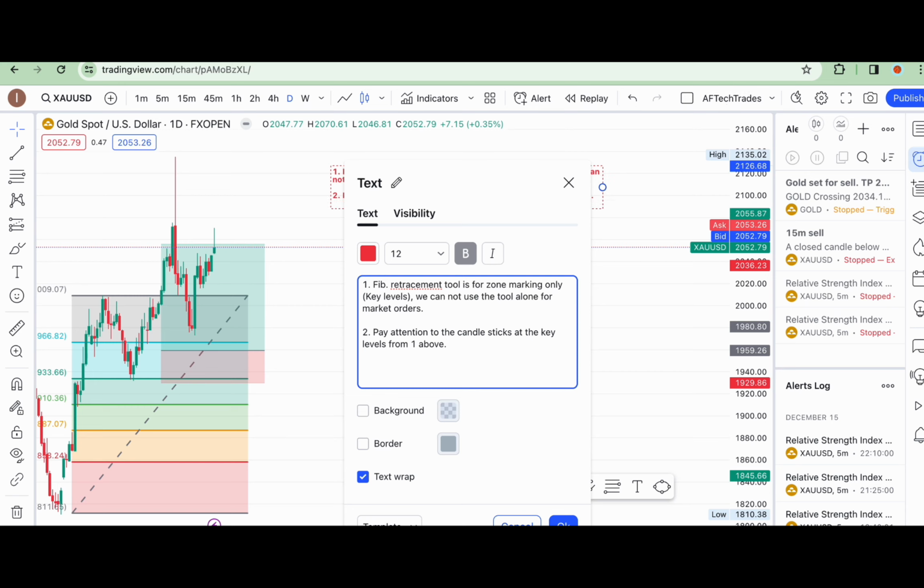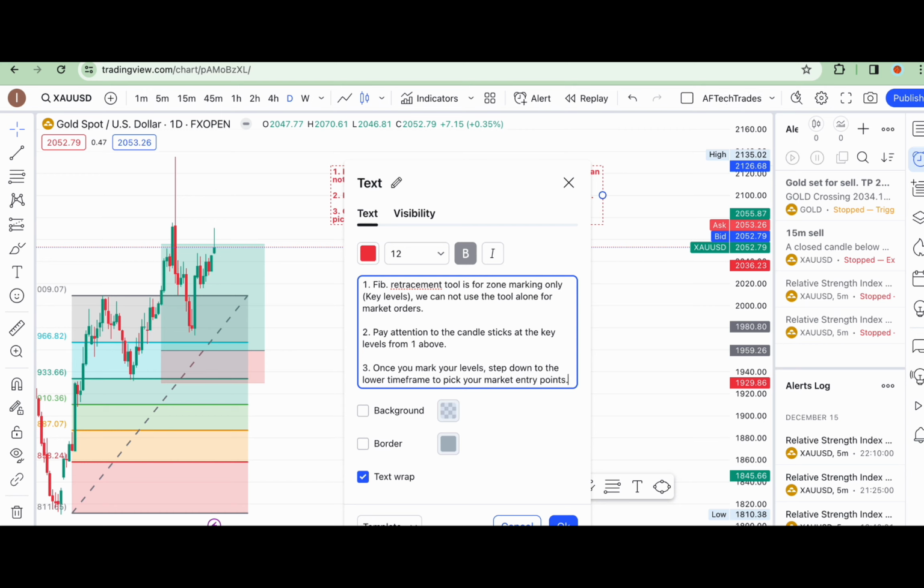Then number 3, once you mark your levels, step down to the lower time frame to pick your market entry point.